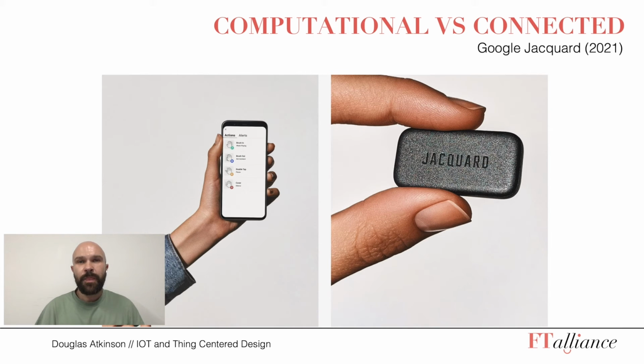Another example is the most recent iteration of Google Jacquard. Google Jacquard originally began life as a woven touch-sensitive interface using a Jacquard loom. And yet Google fairly quickly discovered that the functionalities of Jacquard, the connectivity, and the ability to sense different gestures and different motions could all be achieved using accelerometers and using technology that was shrunk down into a very manageable, solid item.